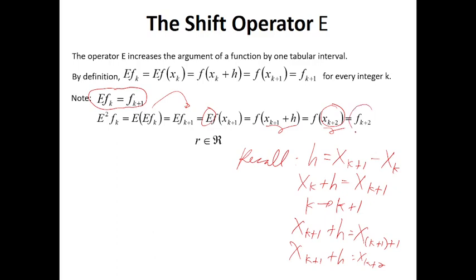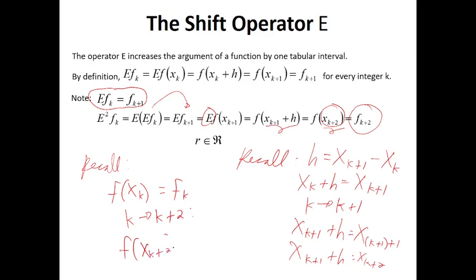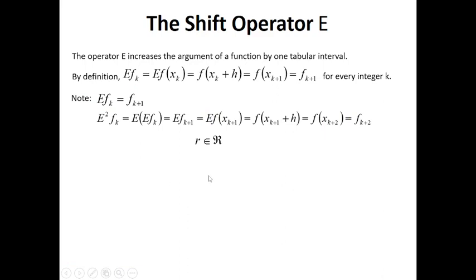O, tapos, naging f sub k plus 2. Dahil dito, f of x sub k is simply f sub k. Pag yung k naging k plus 2, f of x sub k plus 2 equals f sub k plus 2. Okay? So, ganun siya. So, ano napansin natin?